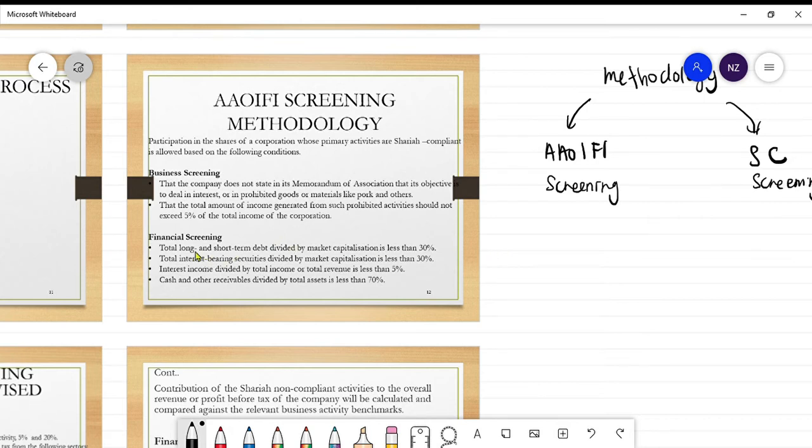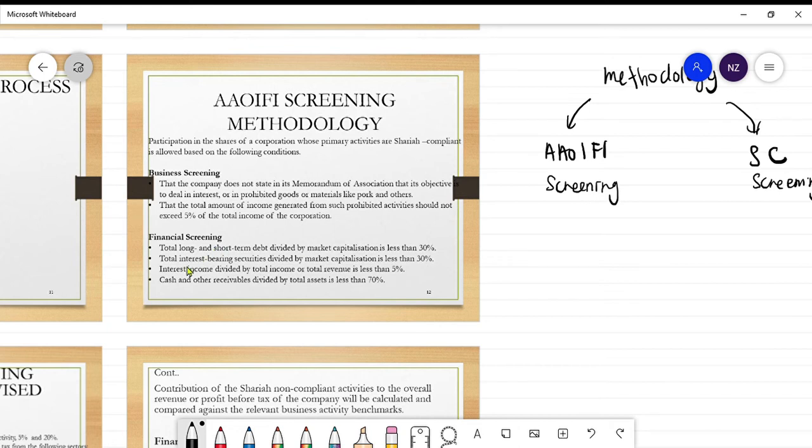Okay. The second calculation is on the total interest bearing securities divided by market capitalization. If it is less than 30%, consider as Sharia compliant interest bearing securities. So kita boleh invest in those companies.